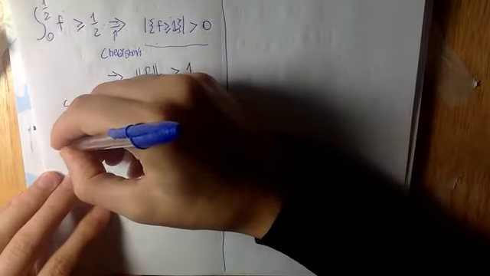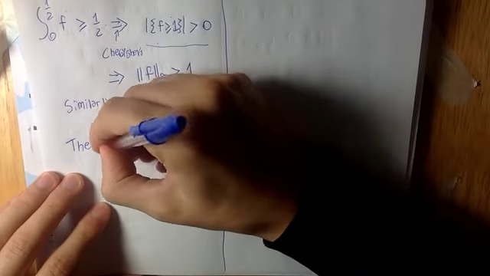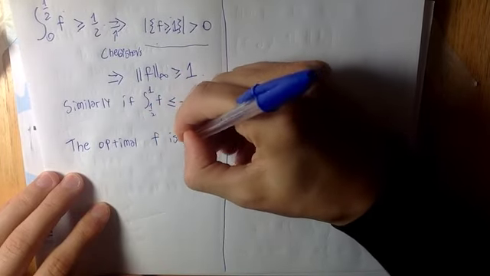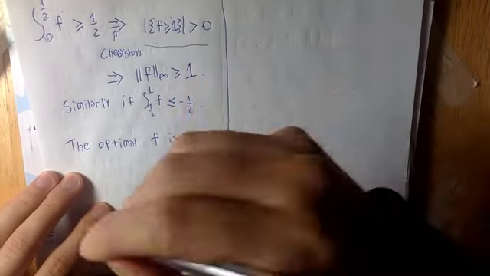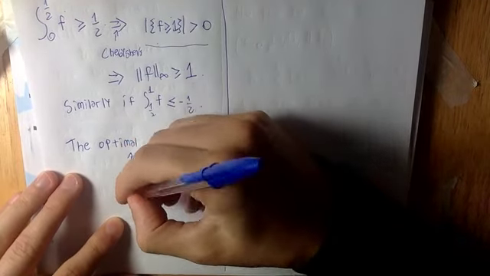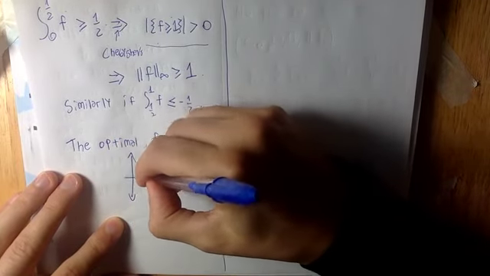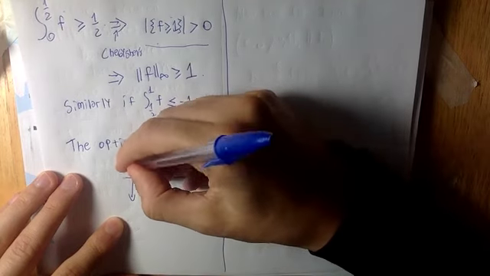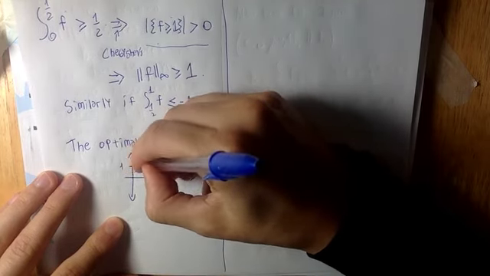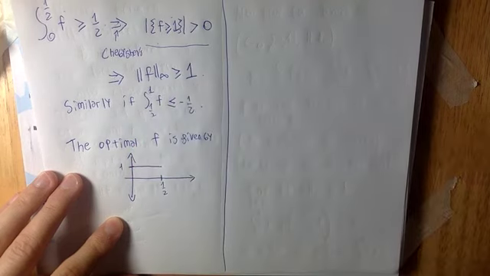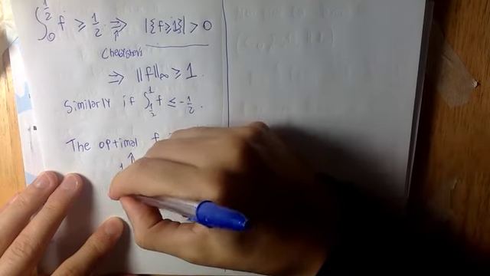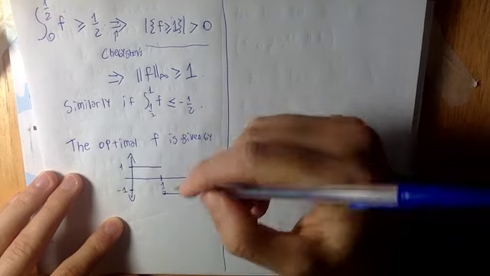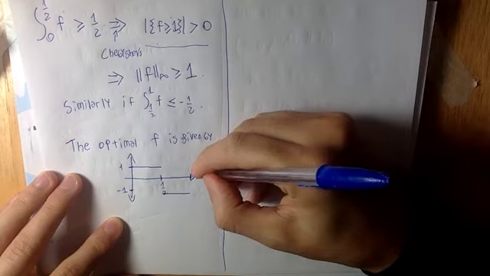So the optimal f is given by this: if here we have 1/2, here we have 1, the optimal f is 1 up to 1/2, and here minus 1, like this, until 1.